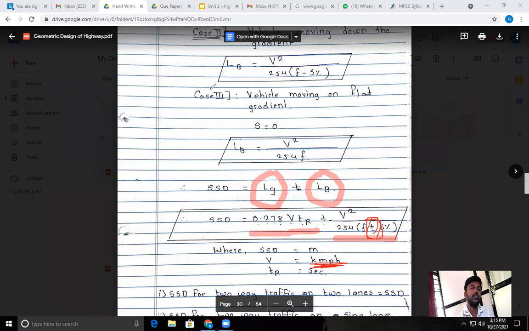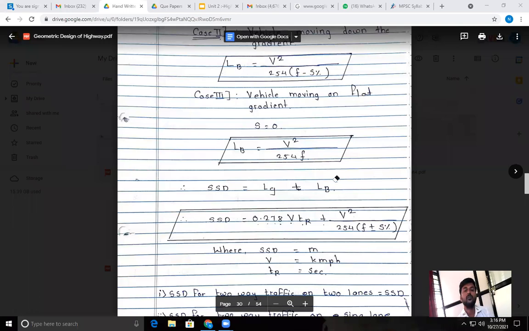If there is flat ground, take S equal to 0, then the gradient percentage will be equal to 0. At that time, the formula will become V square divided by 254 f. These are important formulae that might be asked directly as MCQ, or questions might be asked on this formula.